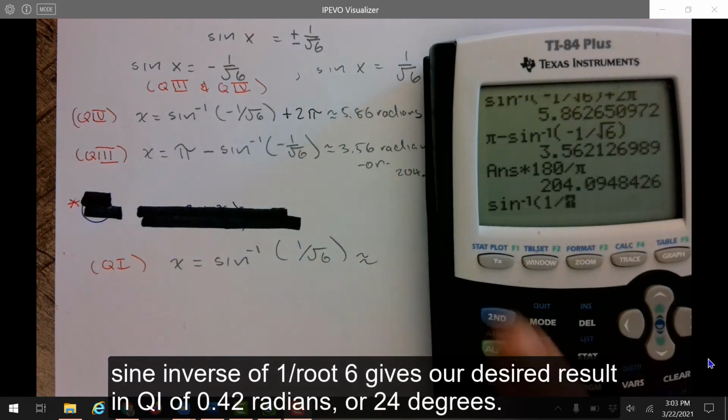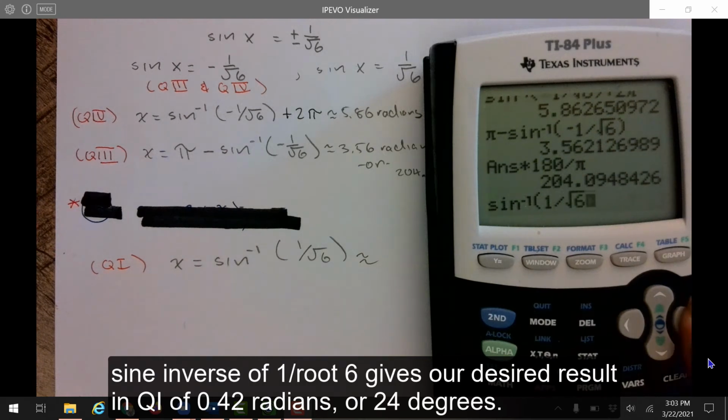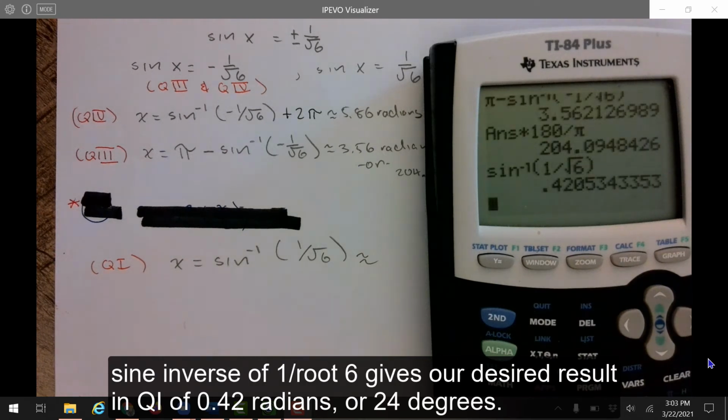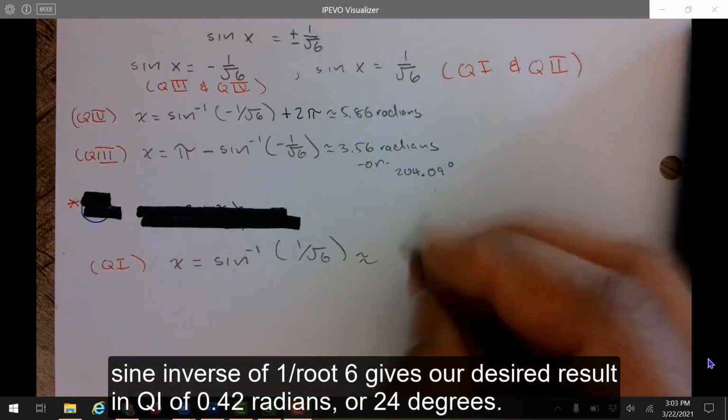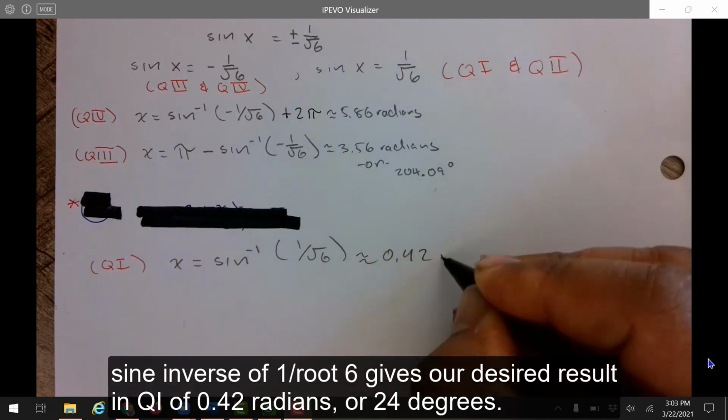Sine inverse of 1 over root 6 gives our desired result in quadrant 1 of 0.42 radians, or 24 degrees.